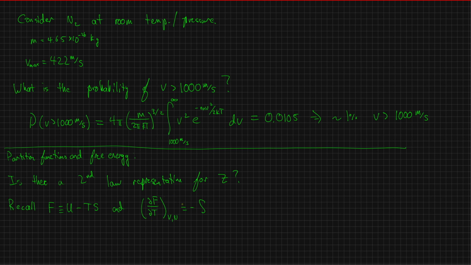You could quickly remember this if you go back and remember your thermodynamic relations for F and the other variables. So what could we do here? Well, we could solve for S.